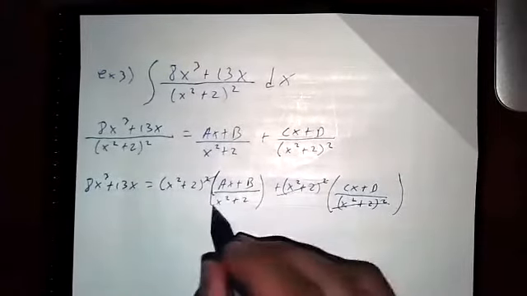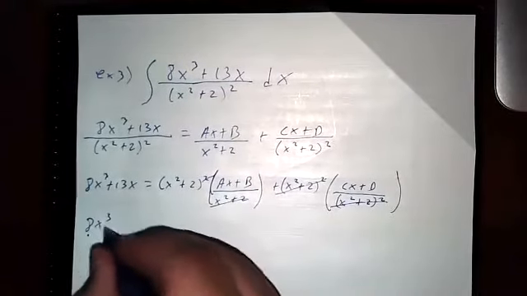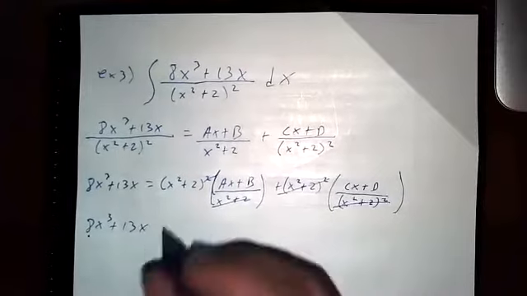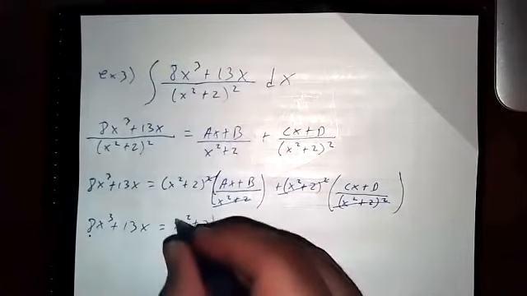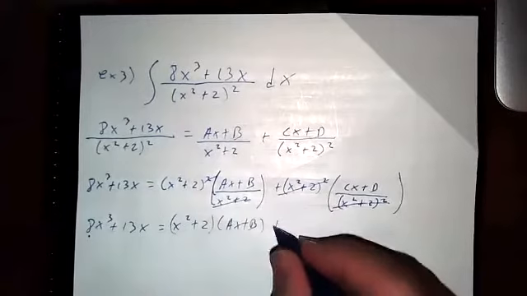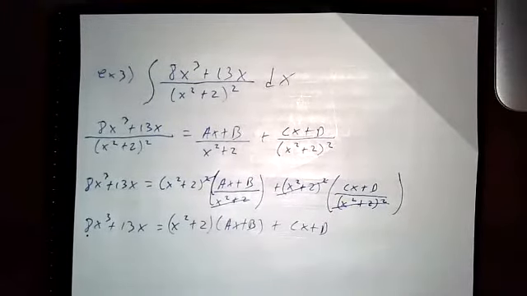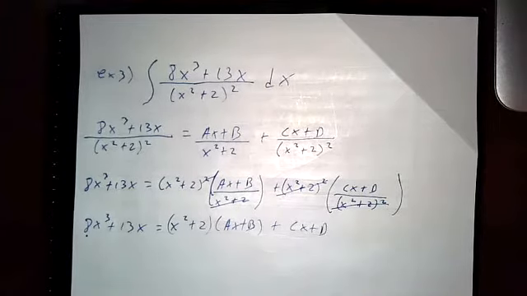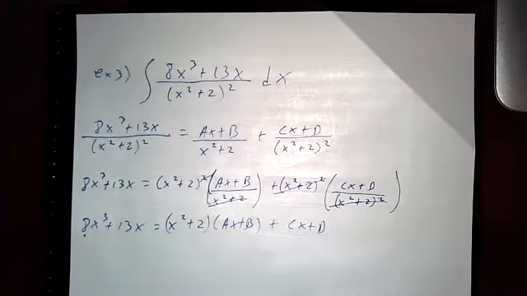This will cancel one of them, leaving us with 8x cubed plus 13x equal to x squared plus 2 times ax plus b, plus cx plus d. So at this point, you have to expand everything and equate the coefficients.